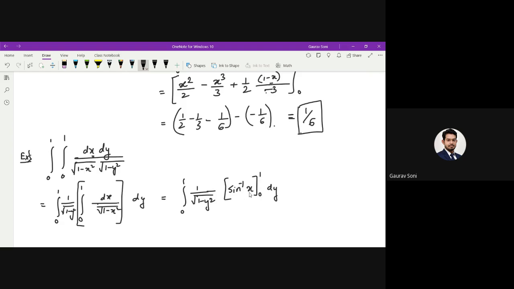Sin inverse 1, which is pi by 2. Pi by 2 will come outside. Again, integration of 1 upon root 1 minus y square will be sin inverse of y, limits from 0 to 1. So the answer is pi square divided by 4.